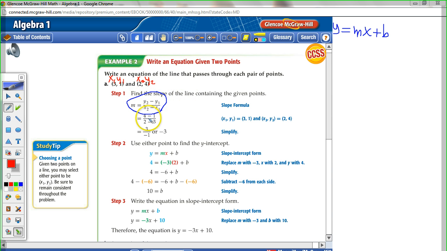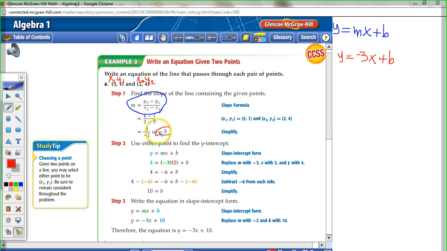If you put it in this equation, y2 minus y1 over x2 minus x1, y2, 4 minus 1, divided by x2, which is 2, minus x1, which is 3. So 2 minus 3, and then you can find out the slope is negative 3. So I'm going to plug that in here. Y equals now negative 3x plus b.